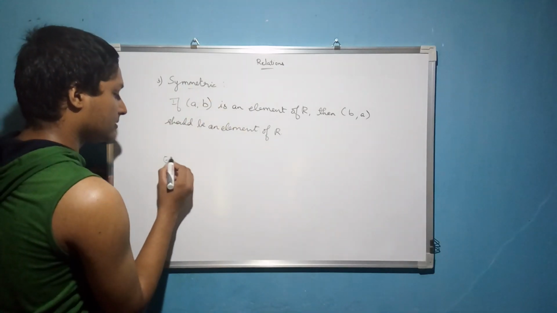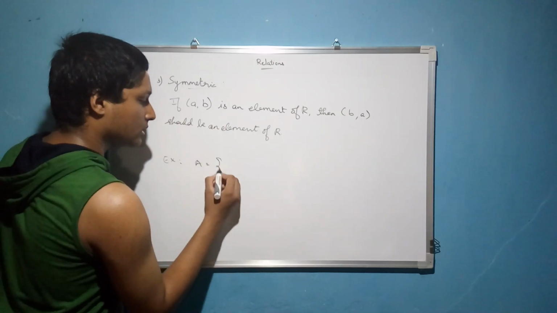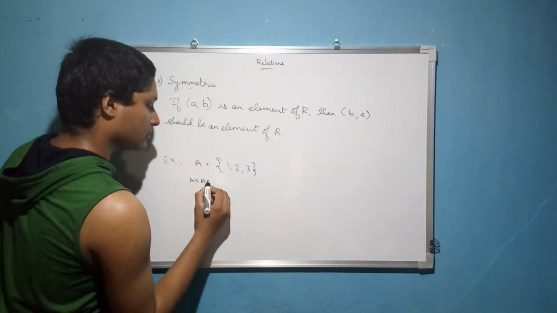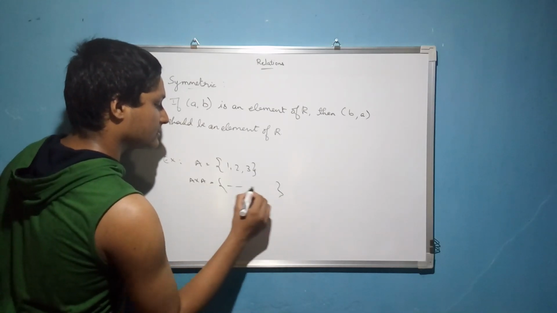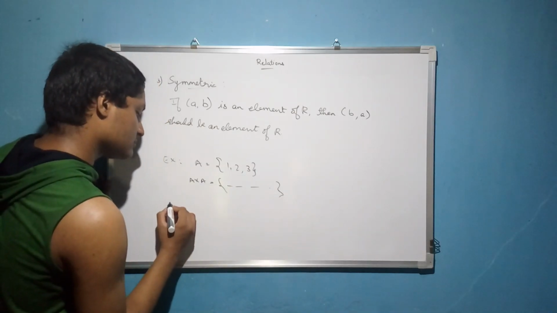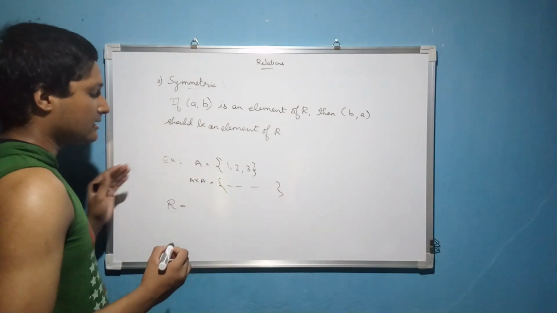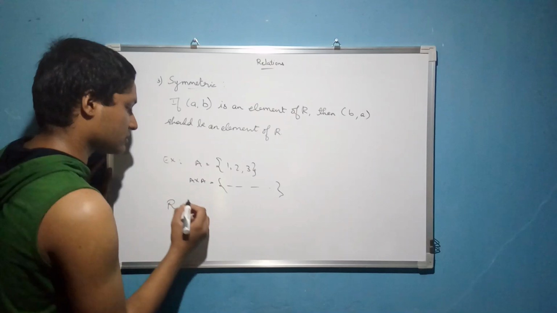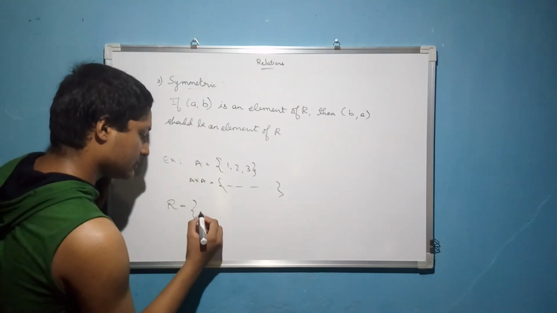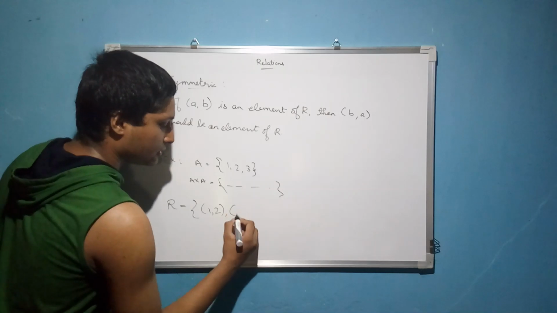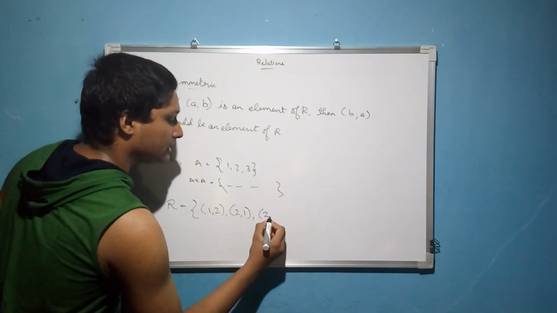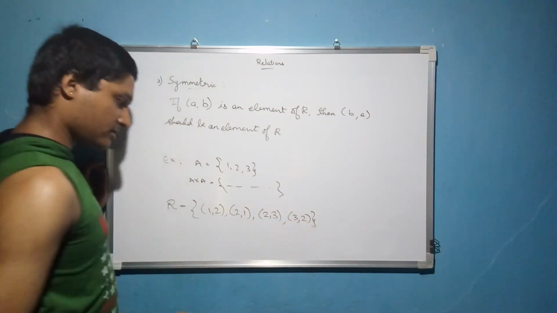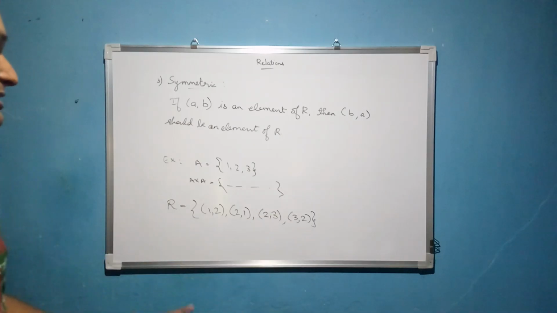Let me take the same example where A is equal to {1, 2, 3}. A cross A, as I have already found out in the previous one, I'm not going to write that again. So now we'll take one relation R that is a subset of A cross A. Let me take one relation, say {(1,2), (2,1), (2,3), (3,2)}. These elements are enough, I think. I have taken 4 elements here.